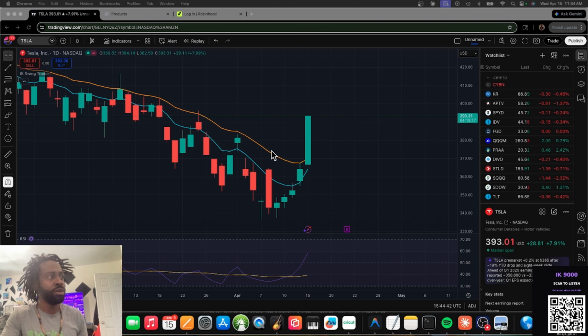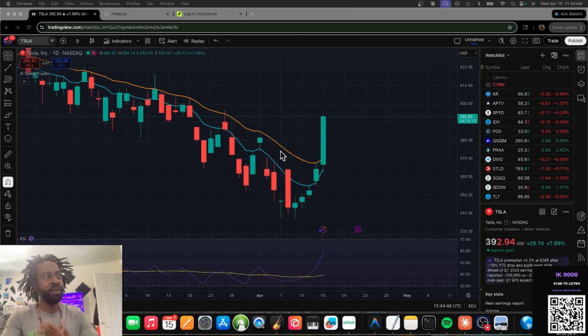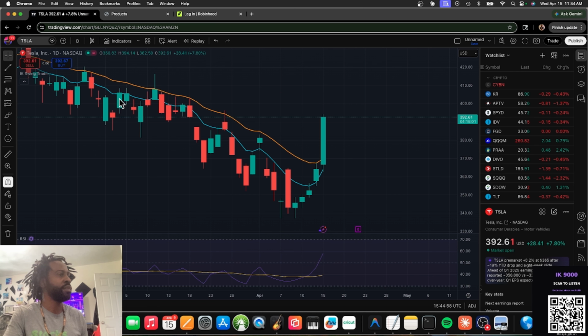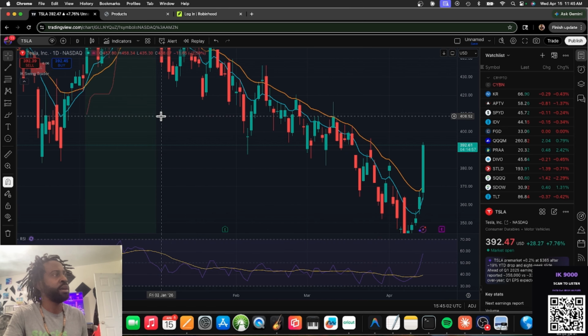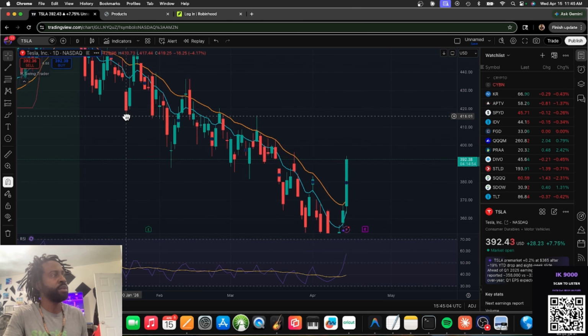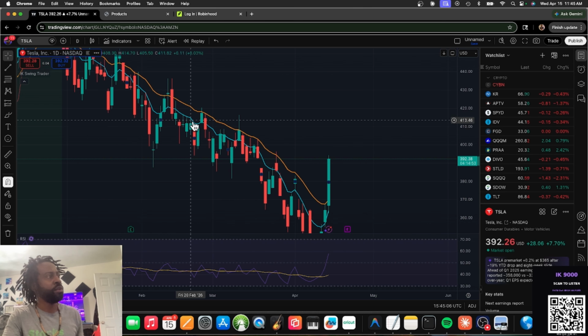This is a new indicator that I have, but it's just not showing everything right now. This is the 200 and the 50 moving averages right here. What I've seen on this one, this is Tesla. I love Tesla. It's come down really good. It's been coming down for quite some time, all the way up in here.